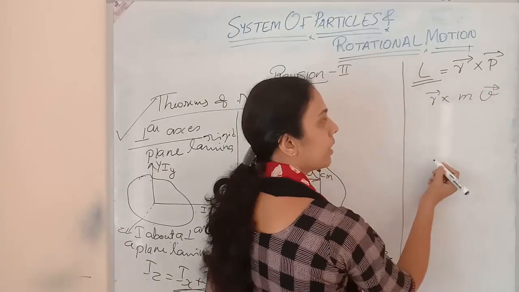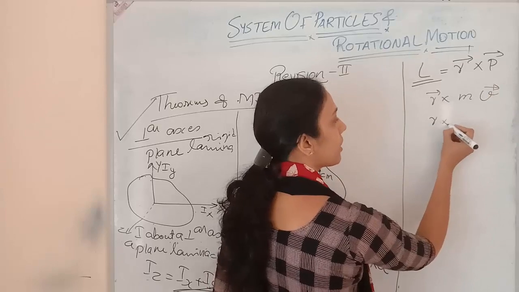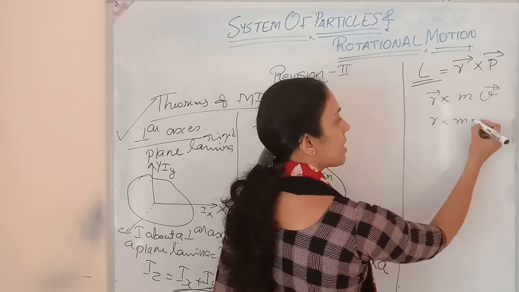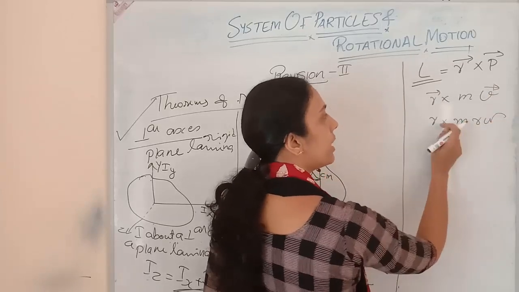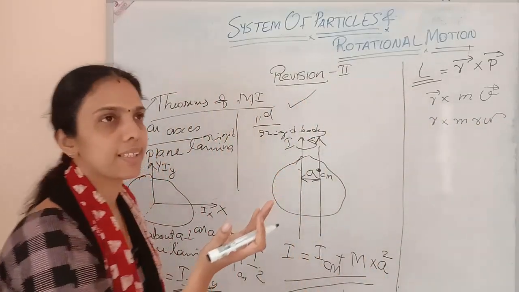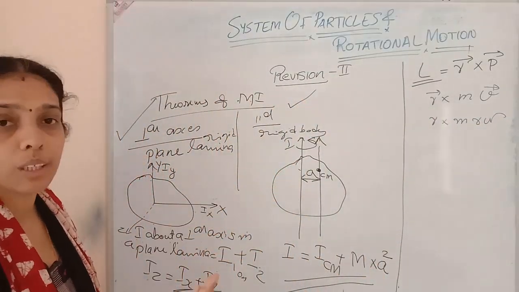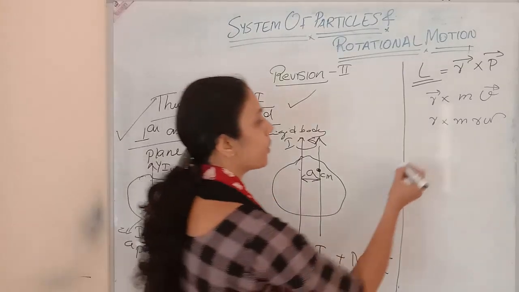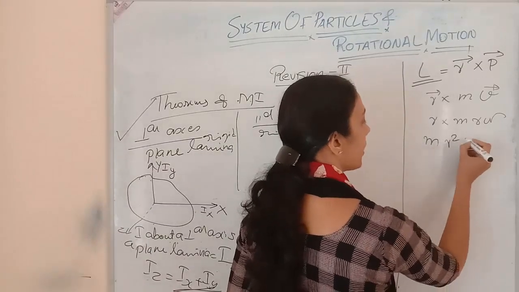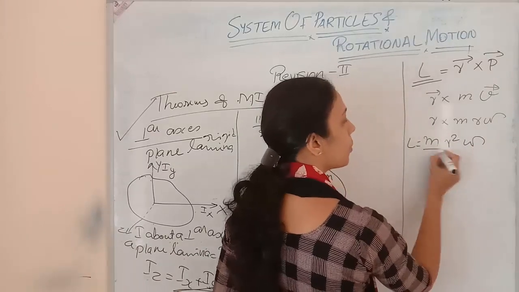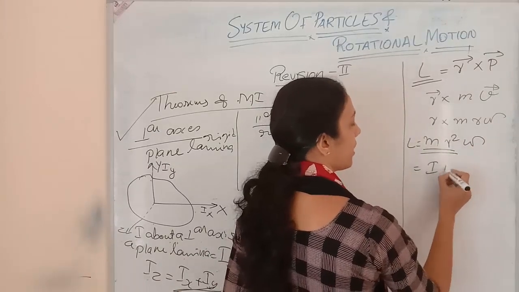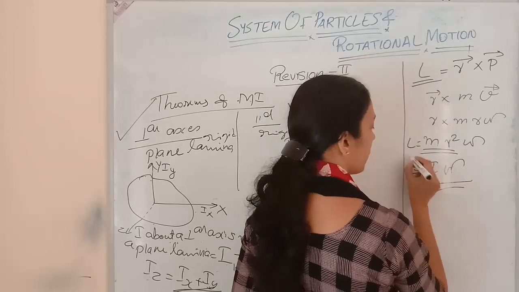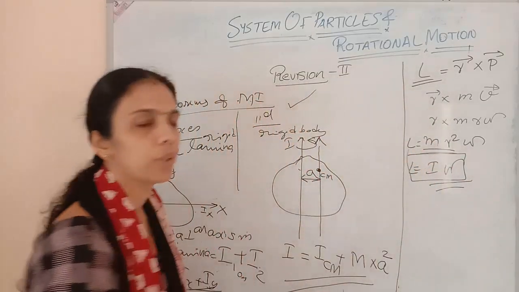If both are perpendicular, if I consider r and p perpendicular to each other, then I can avoid the cross. So it is m r square omega. What is this m r square? I. L equals I omega. This is another equation for L.